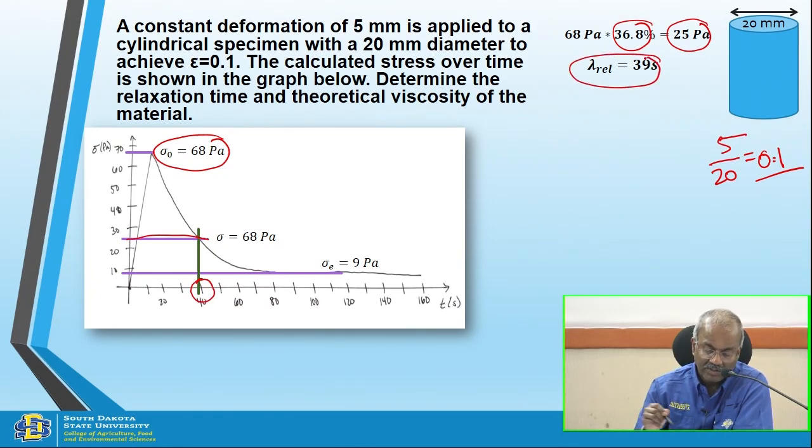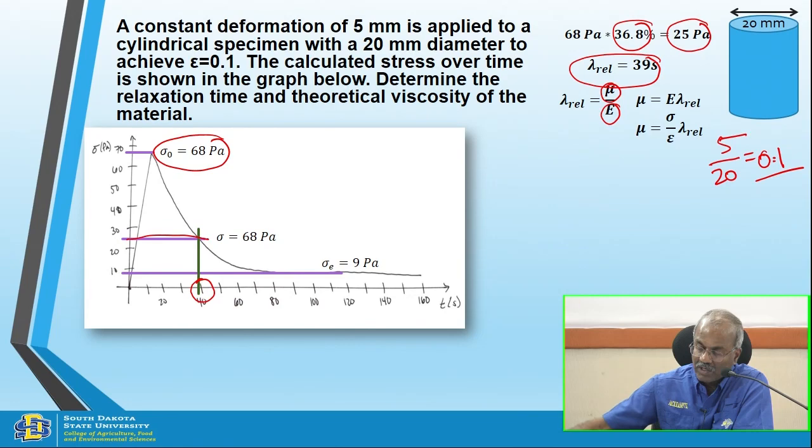So once you have the relaxation time, you can calculate the theoretical viscosity. From this equation, relaxation time is equal to viscosity over modulus of elasticity. From there, the viscosity is the modulus of elasticity, which is stress over strain, times tau relaxation, similar to what we did before. That was retardation time, this is relaxation time.